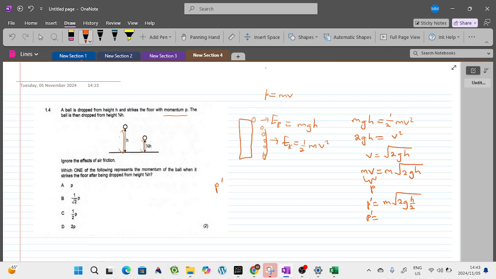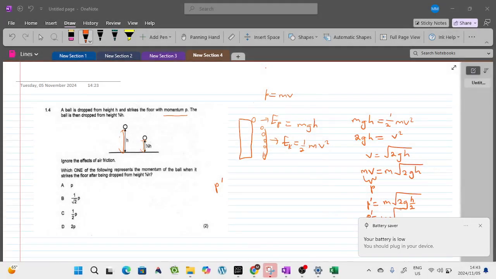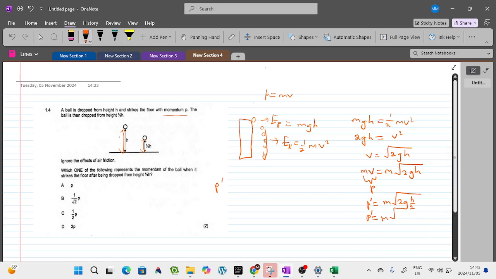So p prime is equal to m times the square root of 2g times h over 2. So 2 and 2 will cancel. Now we are left with gh. So this is the equation of p prime.